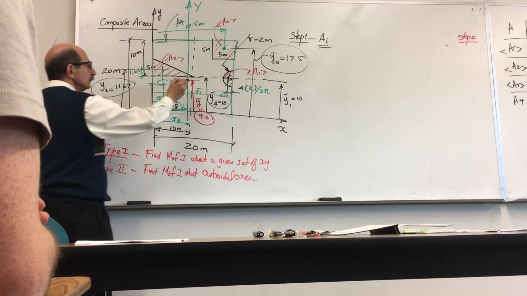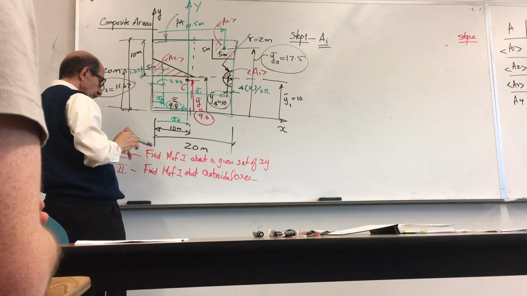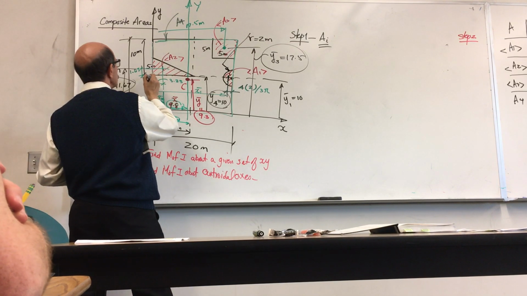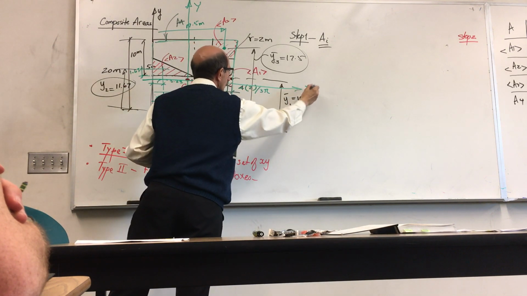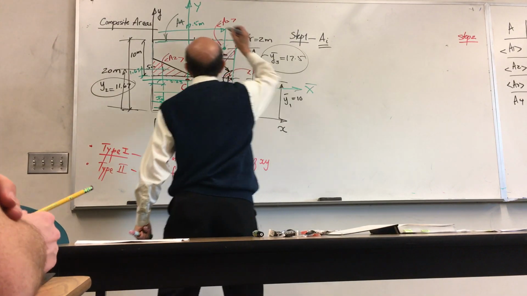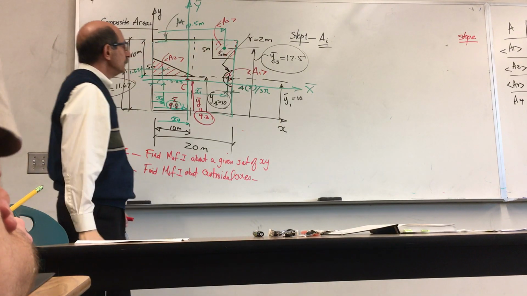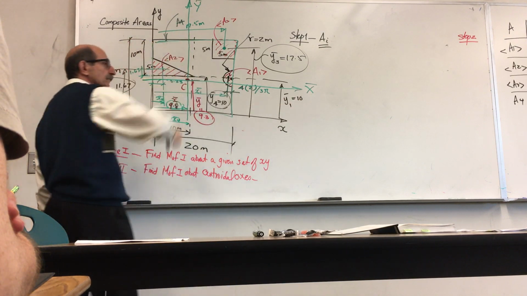So this is the centroid. And this will be the centroidal x axis. Okay? That's now what the problem is asking you: to find the moment of inertia of this whole shape about these axes.